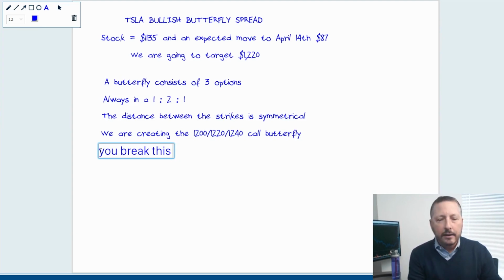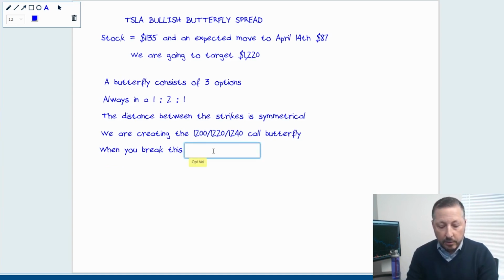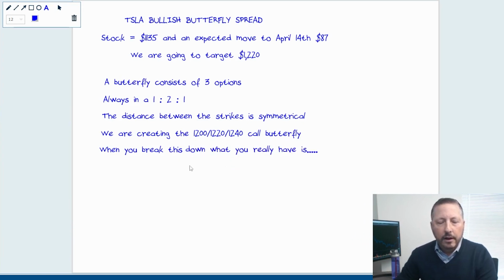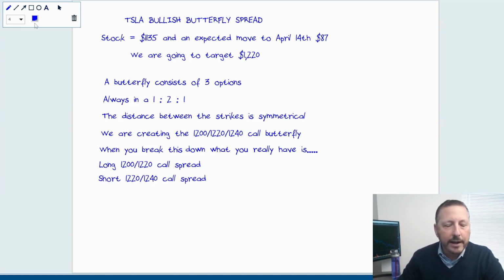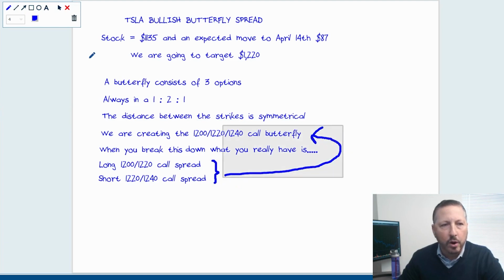Well, when you break a butterfly down to its basics, what you really have are two different spreads: a long 1200, 1220 call spread, and a short 1220, 1240 call spread. This is the equivalent of this 1 to 2 to 1 ratio.